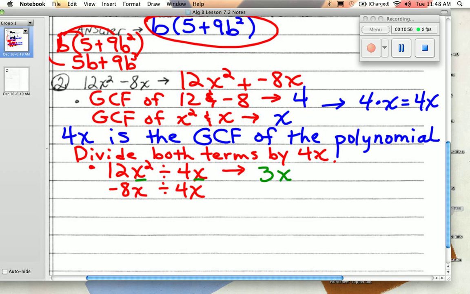Okay, I think what we should do though, so that we can see this better, let's do that what we were doing up there. Put this in a fraction. I think you'll see the division better that way. So 12 divided by 4, 3. X to the second power divided by x to the first power, 2 take away 1, 1, right? So x.